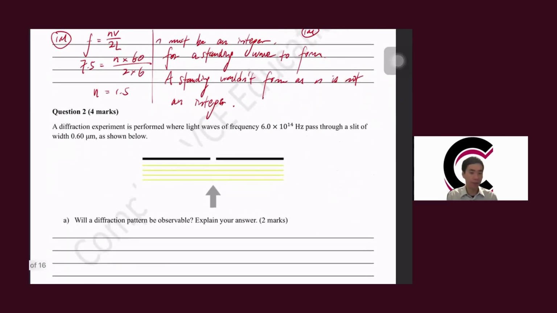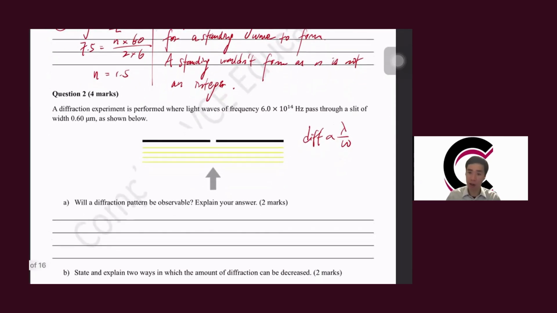We got a diagram for this one. So let's take a look. For this question, a diffraction experiment. Okay. Now, once again, guys, diffraction, every single time you do diffraction, please do this. This will help a lot. And you see quick improvements as you start writing the relevant formulas pertaining to a particular concept.